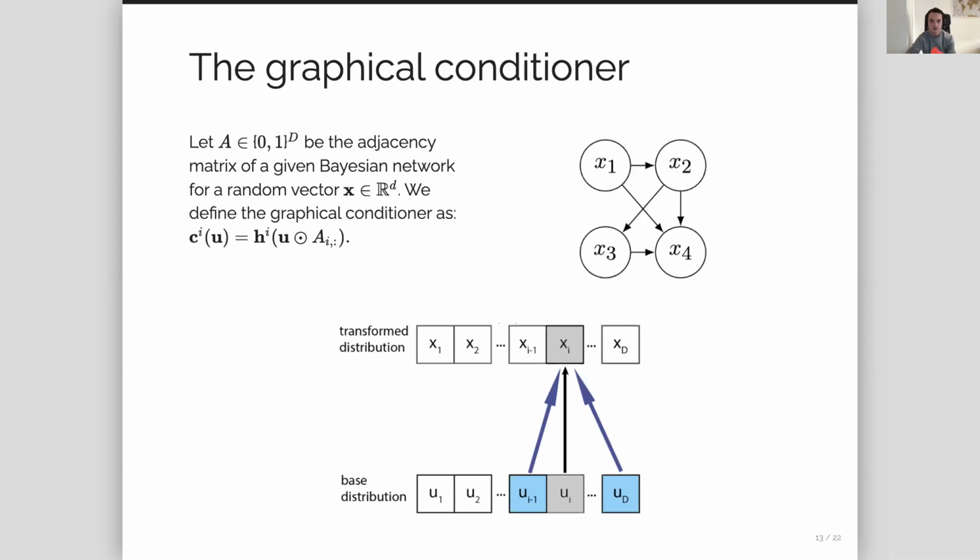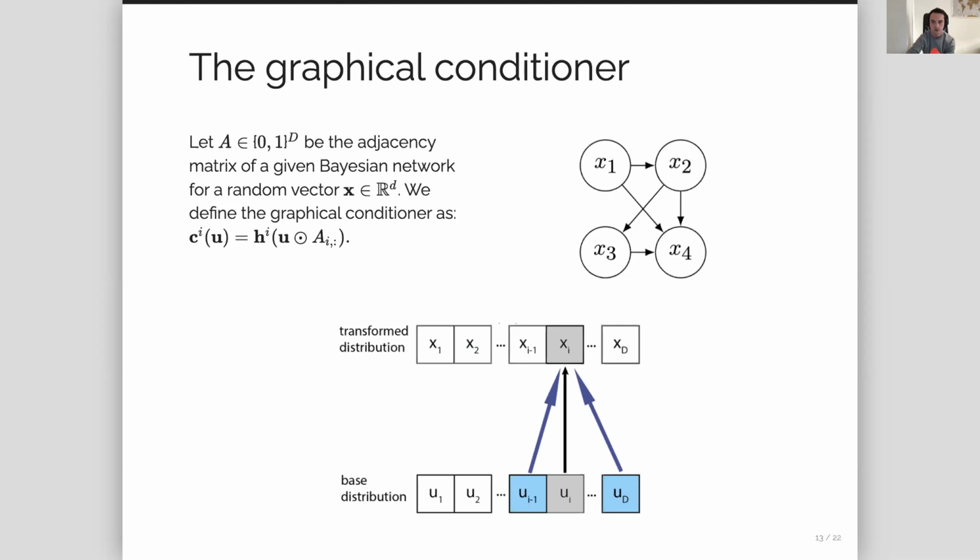So in particular, if you are given a hypothesized Bayesian network, so that could be the autoregressive or coupling layers, but it could as well be other assumptions that would make sense for the data you are playing with, we define the graphical conditioner as a free-form function h of the one-by-one product of the base vector u with the row i of the adjacency matrix that corresponds to the Bayesian network.